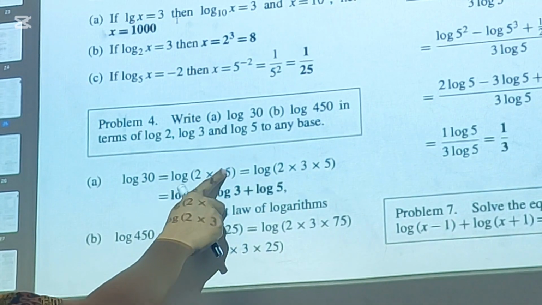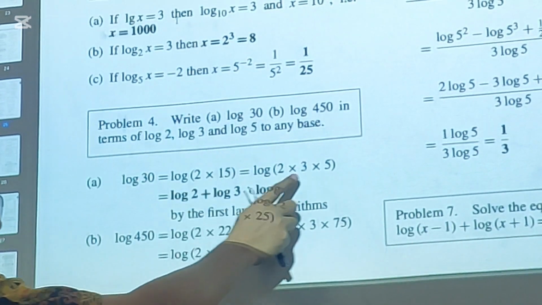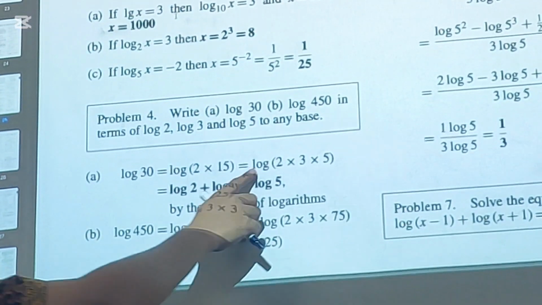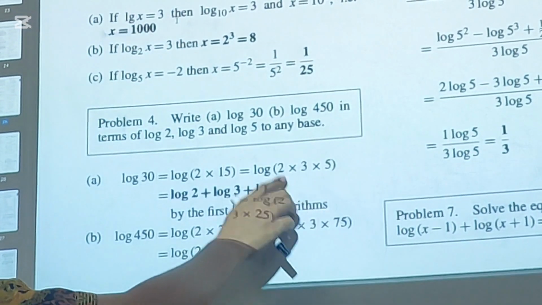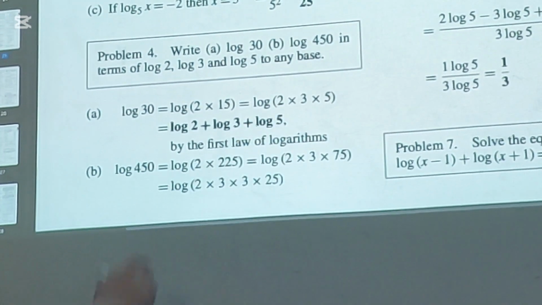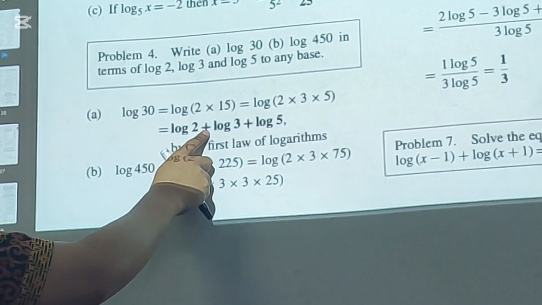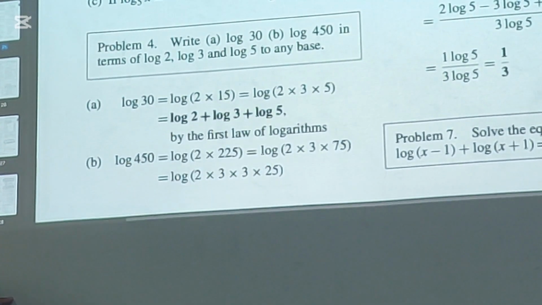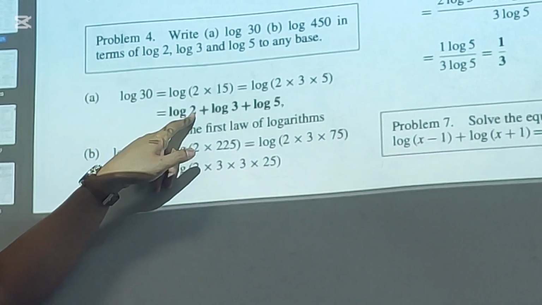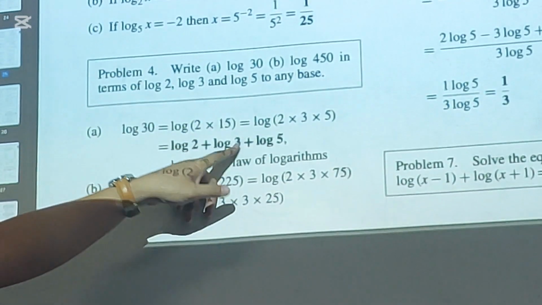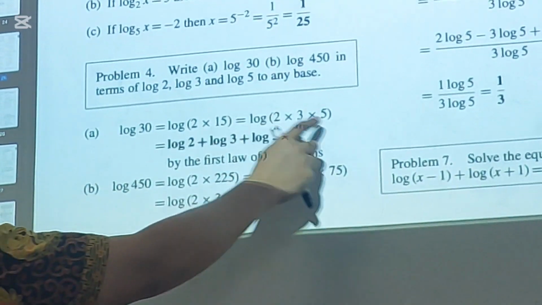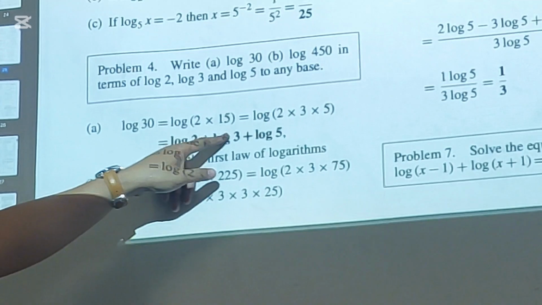So we have to change 15 to become 3 multiplied by 5. So you can get log of 2 multiplied by 3 multiplied by 5. So it will become log 2 plus log 3 plus log 5. And then using your calculator, find the value of log 2, log 3 and log 5, and add all of them. So this is using the first law.